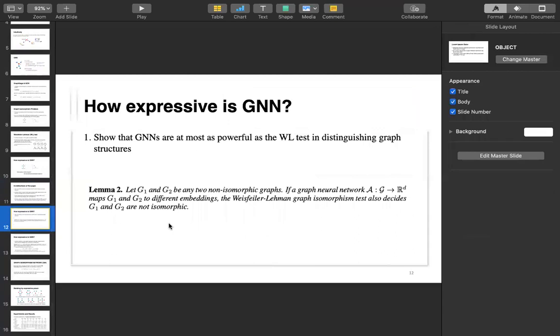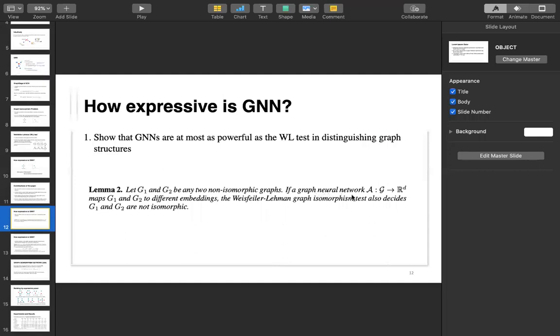So for the first point, they have shown the GNN is at most as powerful as the WL test by proving the lemma here. The lemma says that for graphs G1 and G2, they are non-isomorphic. That means their structures are different.